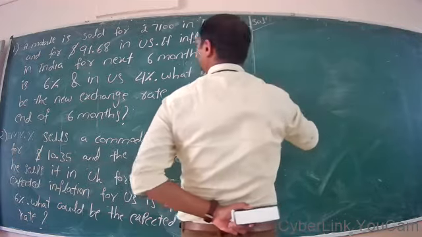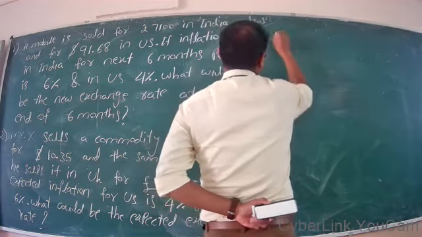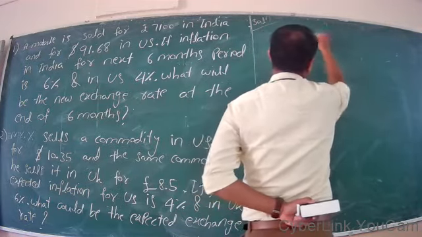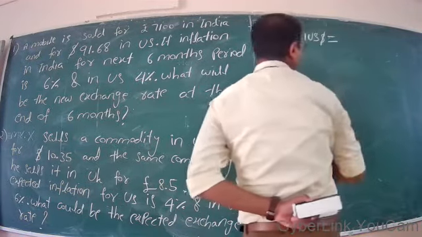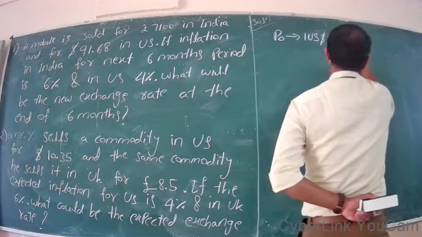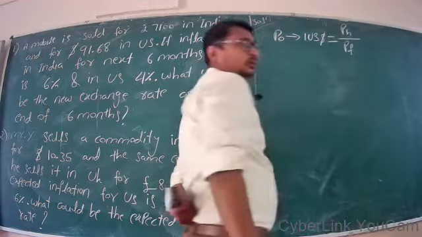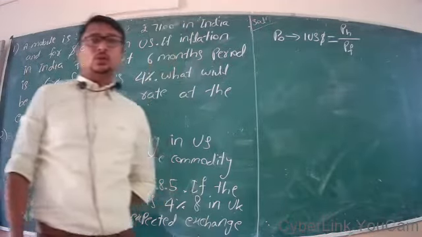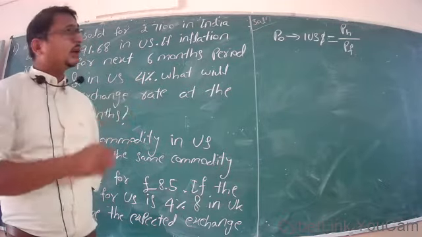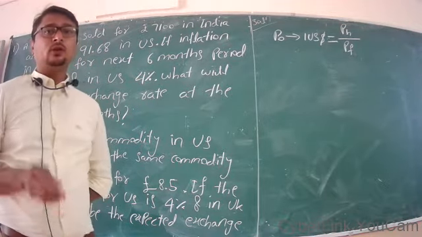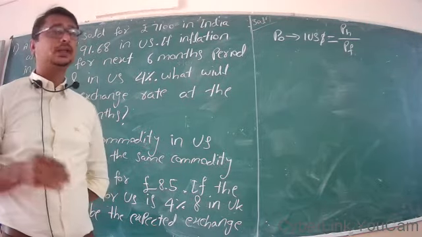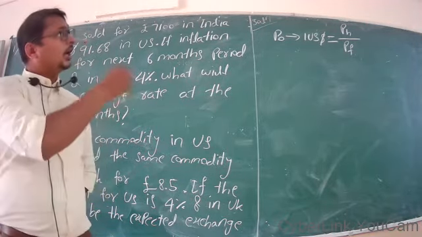solution for problem number 1. P0, that is 1 US dollar, is equal to the price in the home country divided by the price in the foreign country of the commonly used good, the mobile. So we need to calculate P0: for $1 what is the worth in Indian rupees.